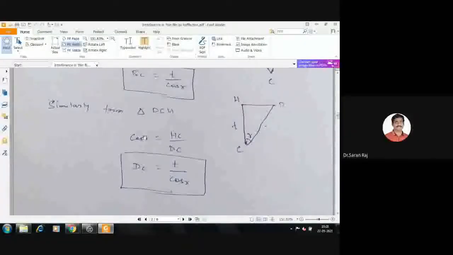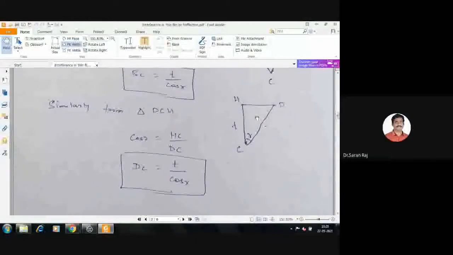The same thing: sin theta, cos theta, tan theta. Which formula can we opt for? Sin theta means opposite divided by hypotenuse, and the opposite means the HD value. The HD value we don't know, so we cannot use the sine formula. Then you go for the cos formula. Cos theta equals adjacent divided by hypotenuse.